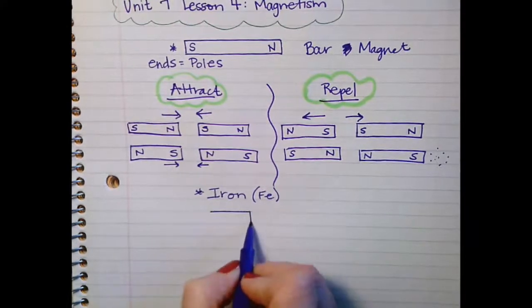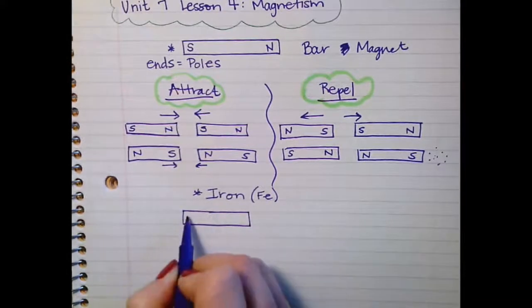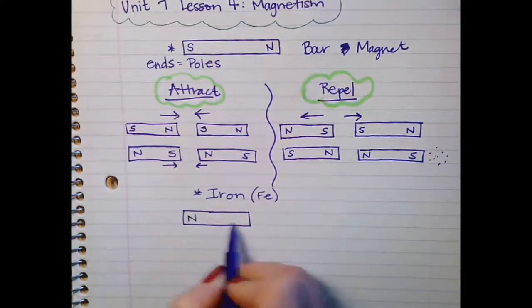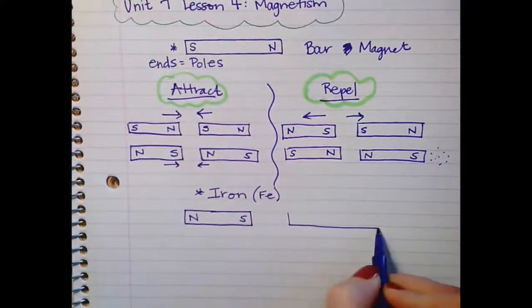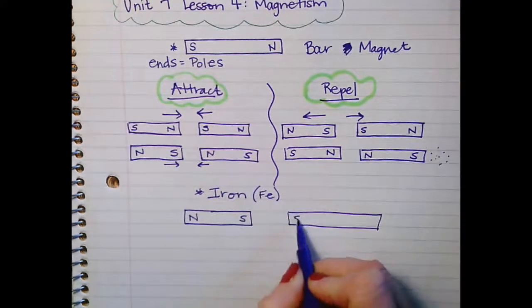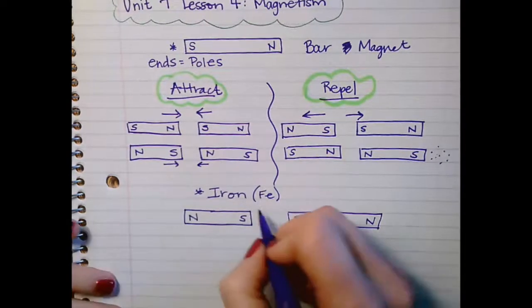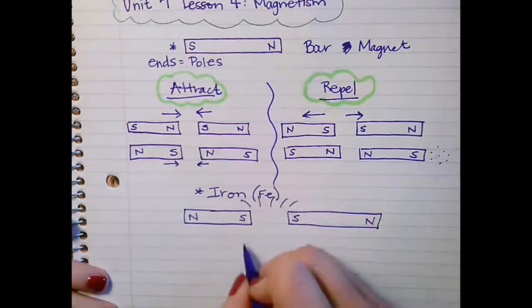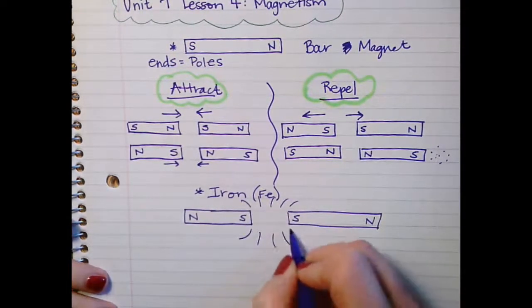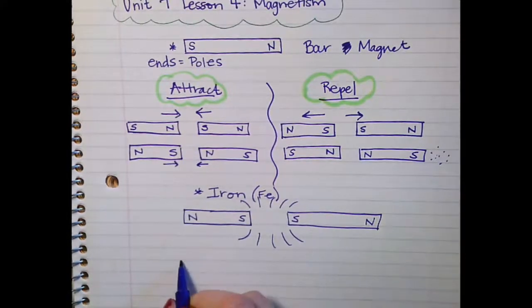So if I have a bar magnet and I have a south and a south pole, again, if those are the same charge, they're going to repel. So those force lines are going to be going away.